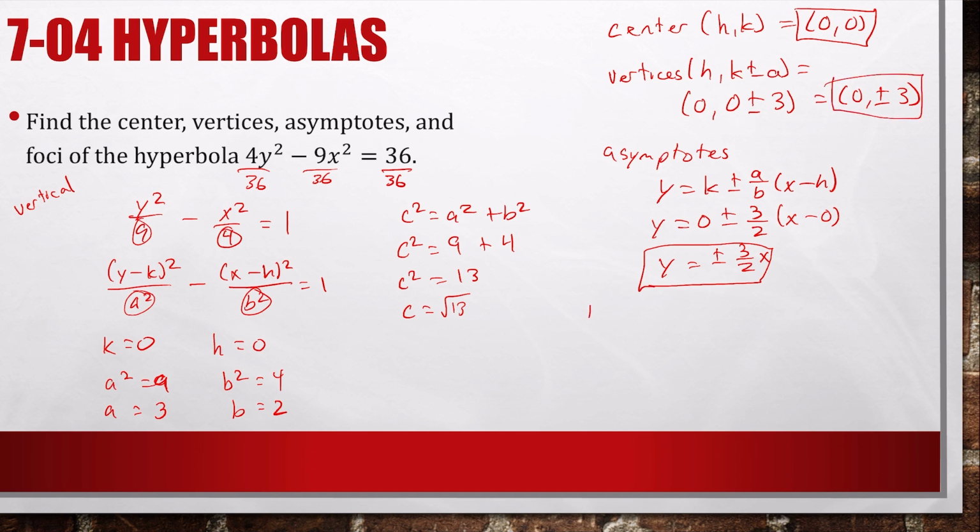And lastly, we want the foci, which were in the form (h, k plus and minus c), or (0, 0 plus and minus the square root of 13). So it'd be (0, square root of 13) and (0, negative square root of 13).